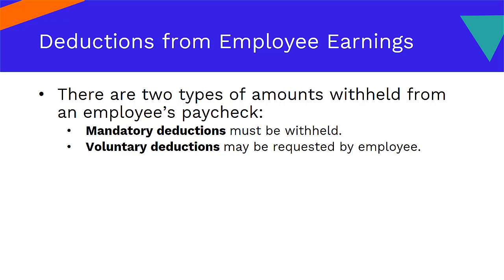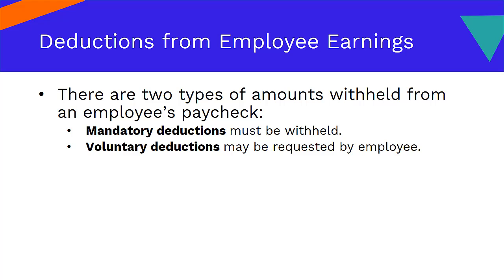They are requested by the employee. For example, 401k. This is a retirement savings plan that the employee chooses to contribute to, and therefore it's deducted from the paycheck and is withheld by the employer and remitted to the financial institution.